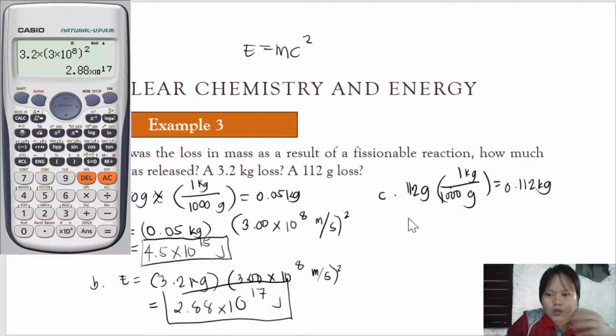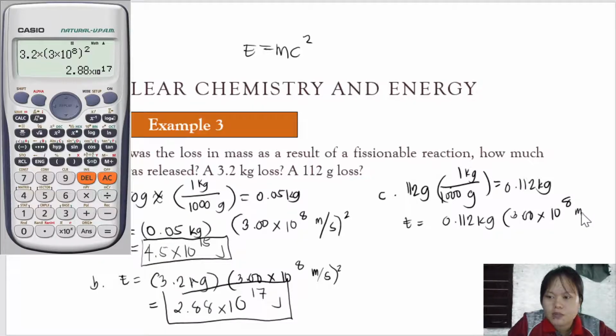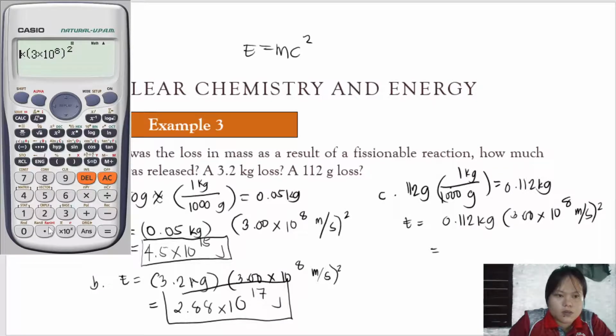Okay, so using the formula of energy, we have 0.112 kilograms times 3.00 times 10 raised to 8 meter per second squared. Okay, so using the calculator again, so we have to change lang natin itong dalawang to. 0.112.